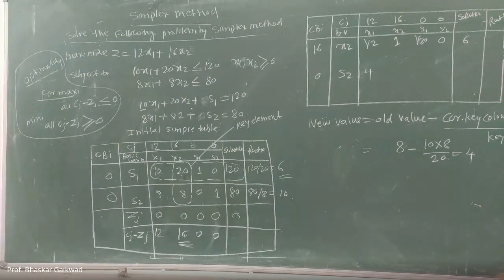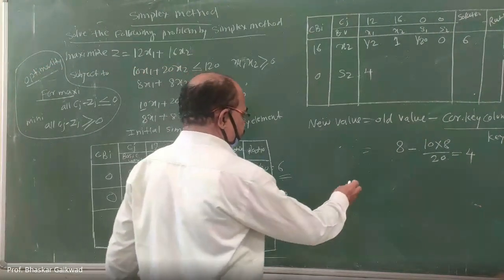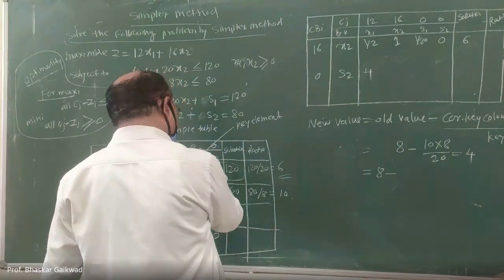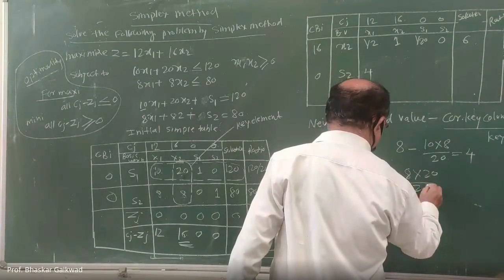Getting 8 minus 10 into 8 divided by 20. Similarly, you can calculate for this: the old value 8 minus the corresponding column value 8 into 20 divided by 20.